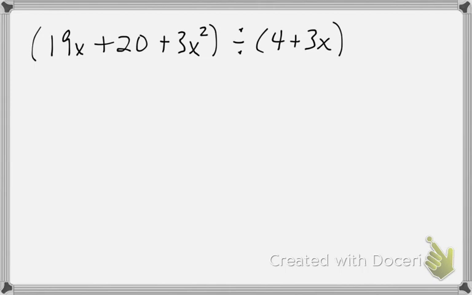Anytime you got pluses and minuses in that divisor, you're going to have to do long division. So how do I set up my long division? My divisor, I will write 3x plus 4. Why is that? Descending order, right? Descending order.